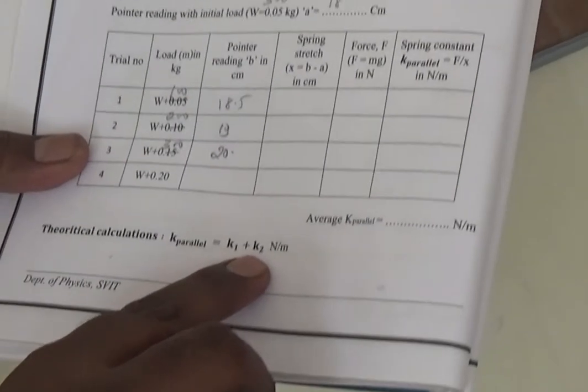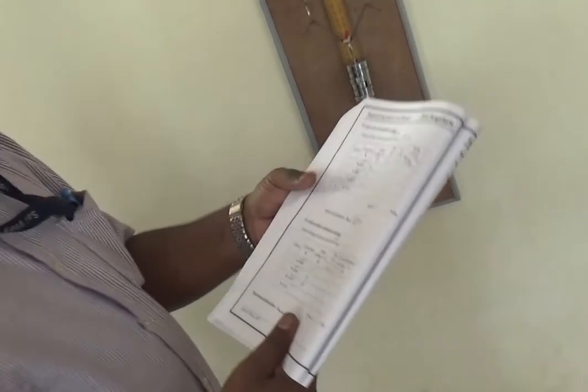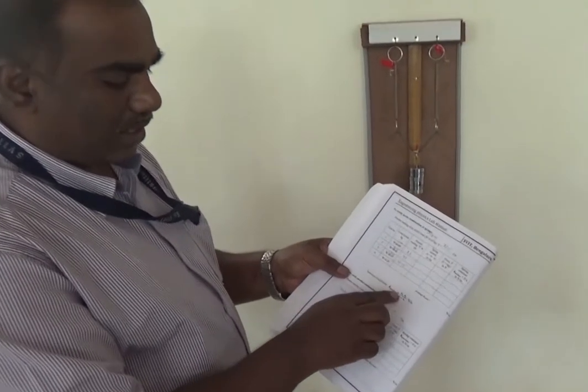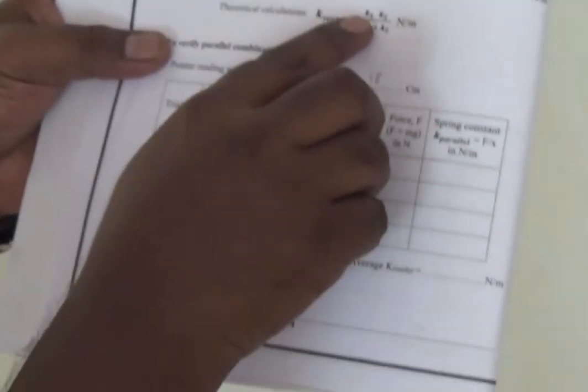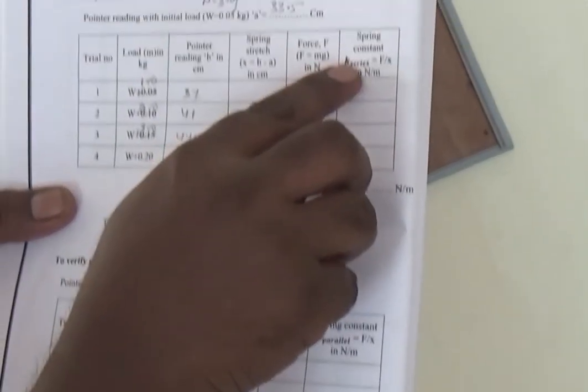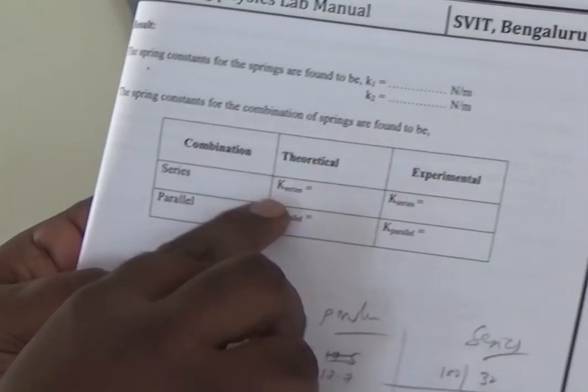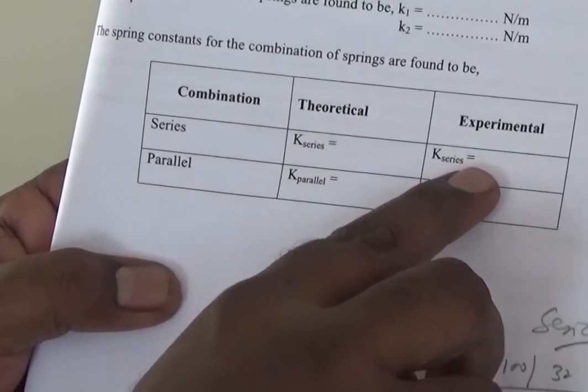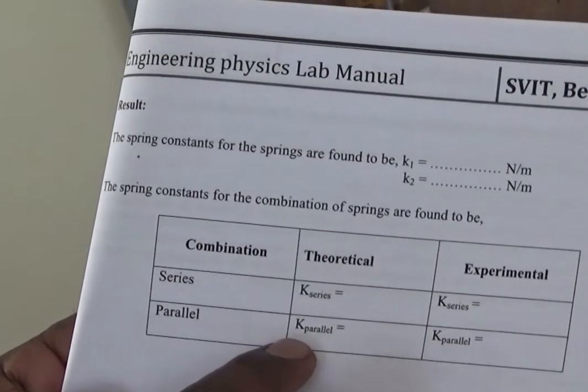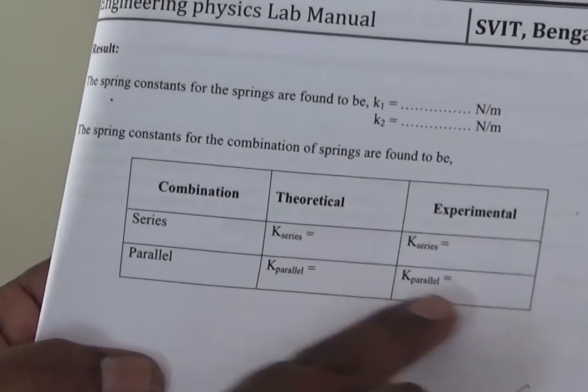K parallel experimental should match K parallel theoretical. In a similar manner, K series theoretically is given by K1 K2 divided by K1 plus K2. That should match the experimentally determined K series. Whatever results are obtained, tabulate them in the result. So K series theoretical should match K series experimental, and K parallel theoretical should match the experimental.